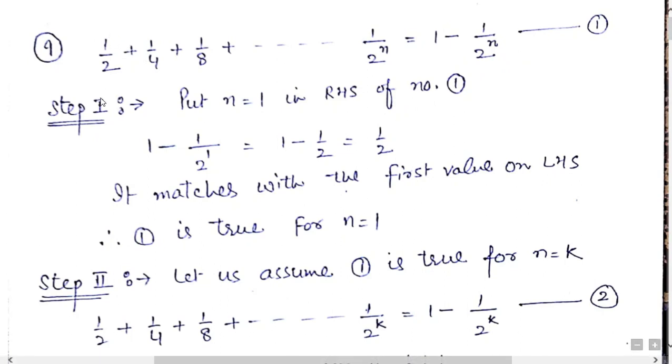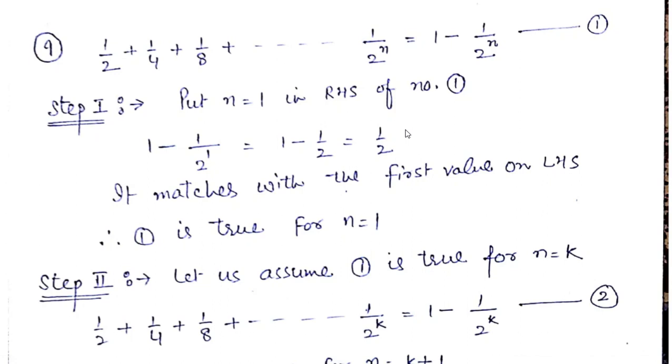hand side or not. If it is equal to the first value on the left hand side, then the problem can be solved using principle of mathematical induction. Otherwise, the problem cannot be solved by using principle of mathematical induction.